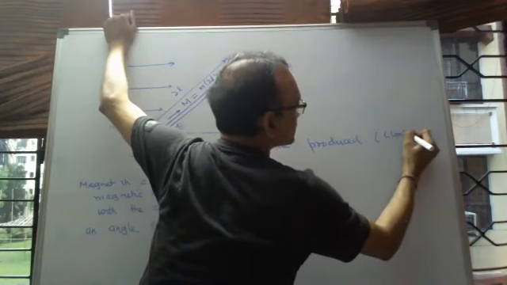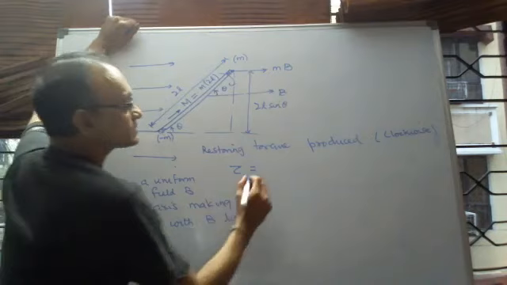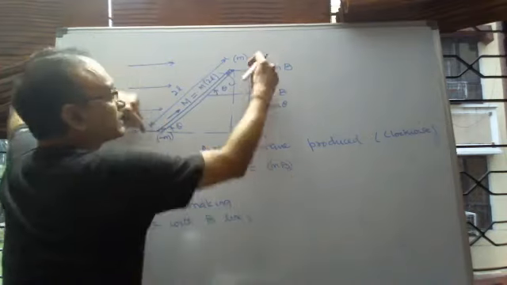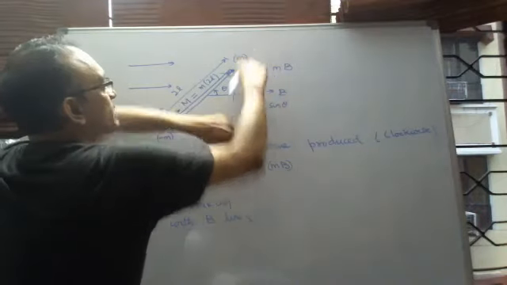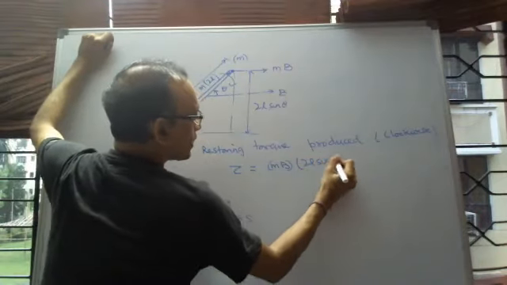Clockwise in this case, anti-clockwise भी होगा कभी-कभी. Clockwise is MB, magnitude of either of the two forces into the separation between these two parallel forces, 2L sin theta, right?